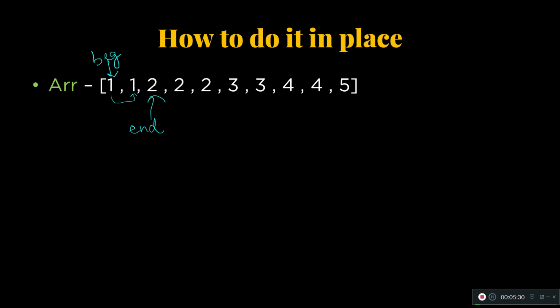So here we find that 1 is not equal to 2, so we increment the beginning pointer to here, and we copy this element to here, so this becomes 2.